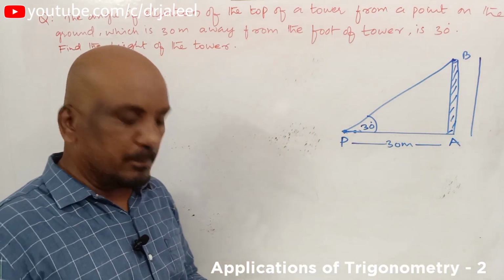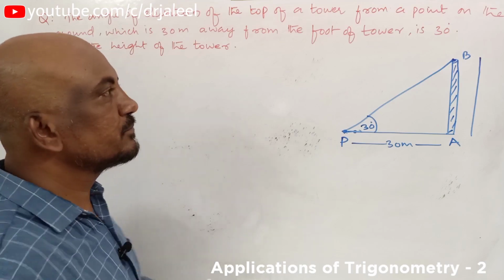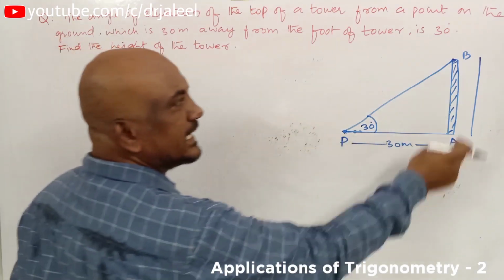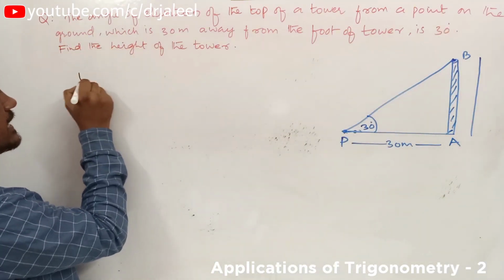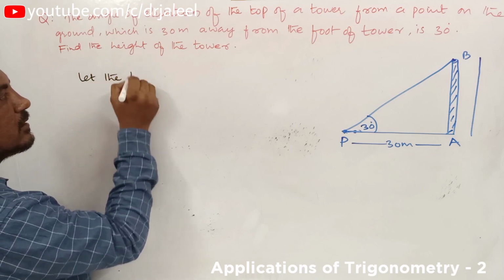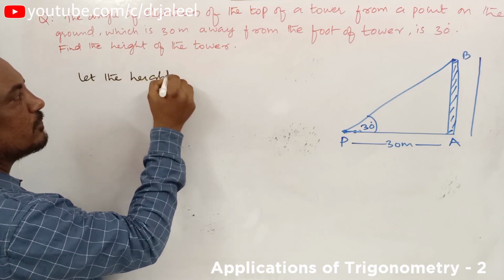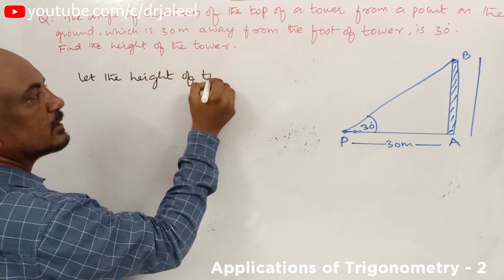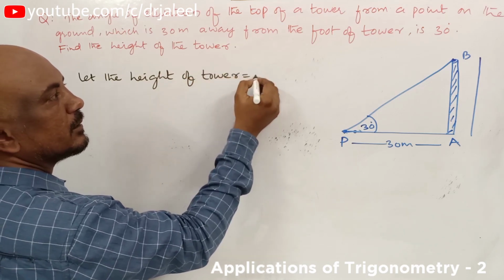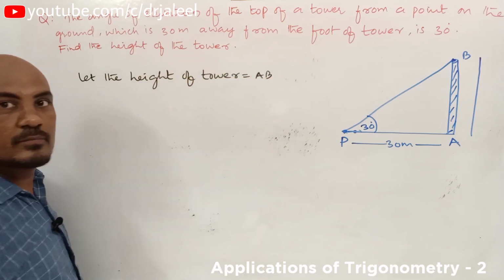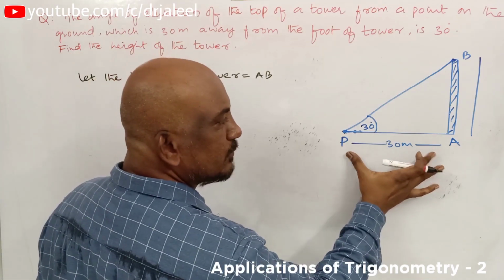So let's describe this figure. What is the height of the tower here? AB. So let us write, let the height of the tower be AB. Then what is this?